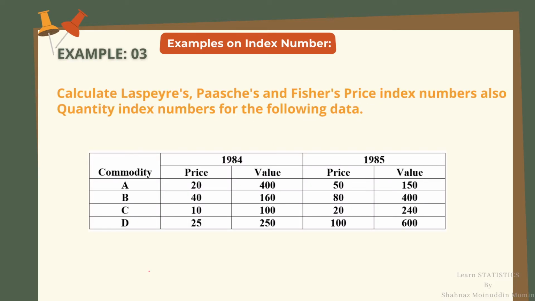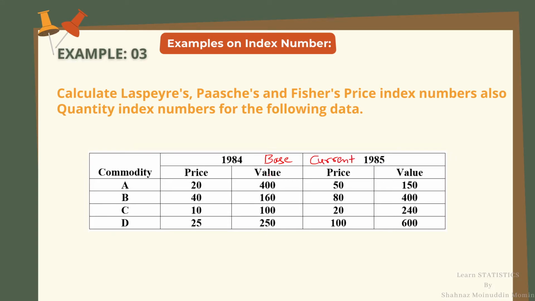Calculate Laspeyres, Paasche and Fisher's price index numbers and their quantity index numbers from the following data. Here we are given the four commodities A, B, C, D with price and value. Here 84 is the base year and 85 is the current year.